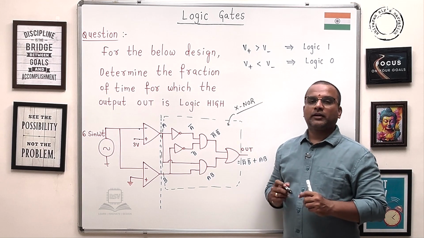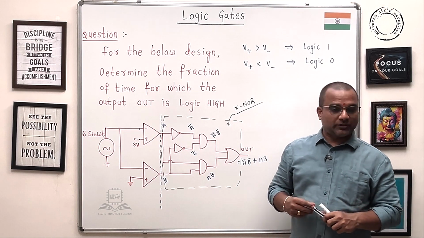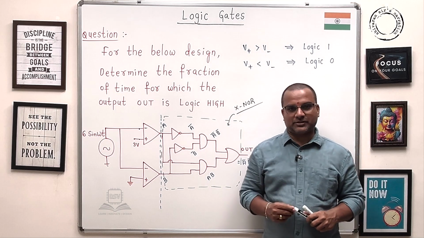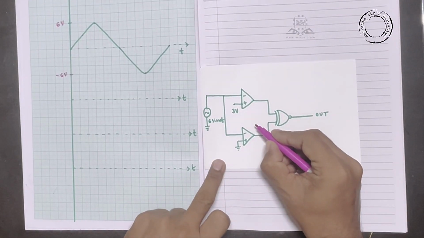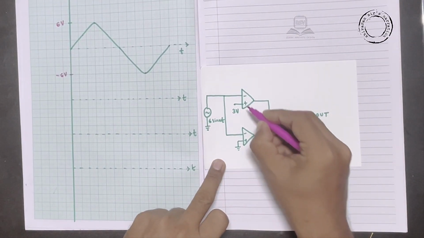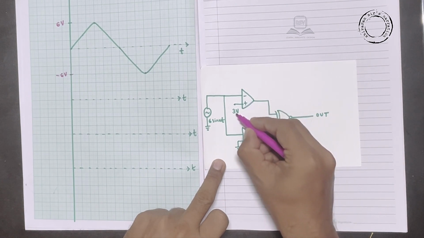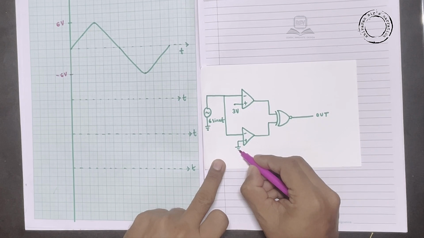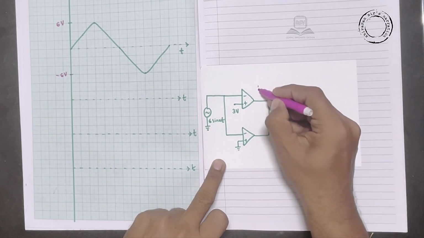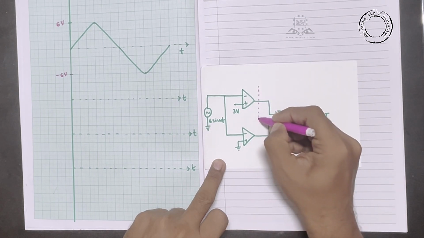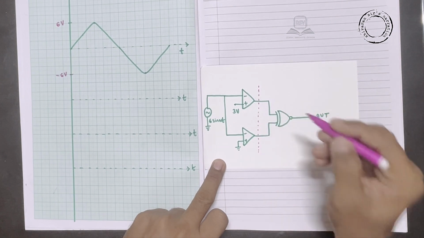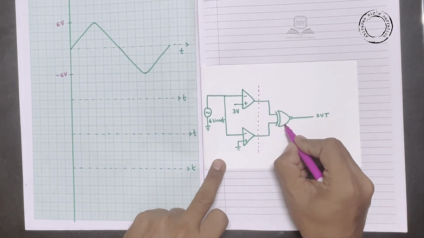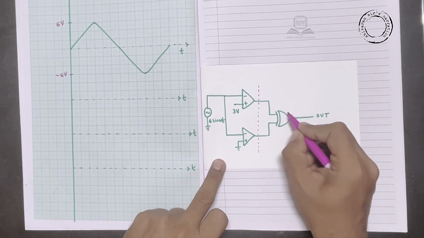For better understanding we are shifting to a graphical representation. The design contains two comparators. The upper comparator non-inverting terminal voltage is 3 volts. The lower comparator non-inverting terminal voltage is 0 volts. After the comparators, the rest of the circuit can be considered as an XNOR gate, so I have written the XNOR gate directly.